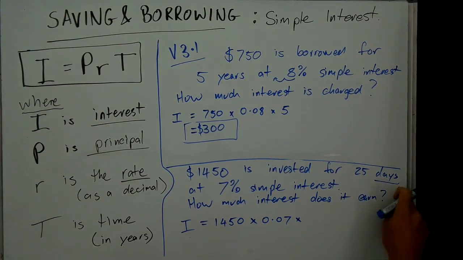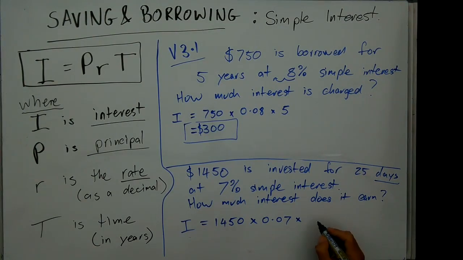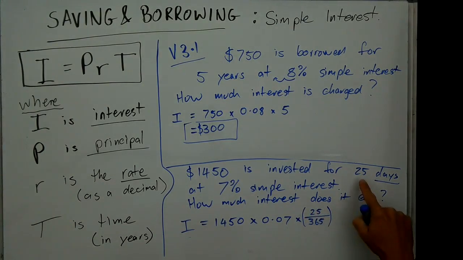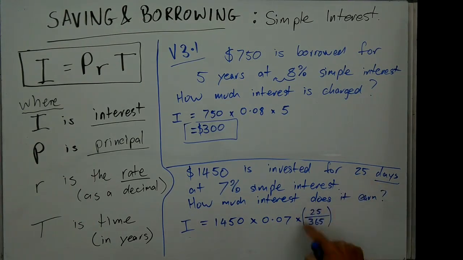How many days in a year? 365. So I've got 25 out of 365. And essentially that is the fraction of a year that 25 days is. So I've taken 25 days and I've converted it into a portion of a year.